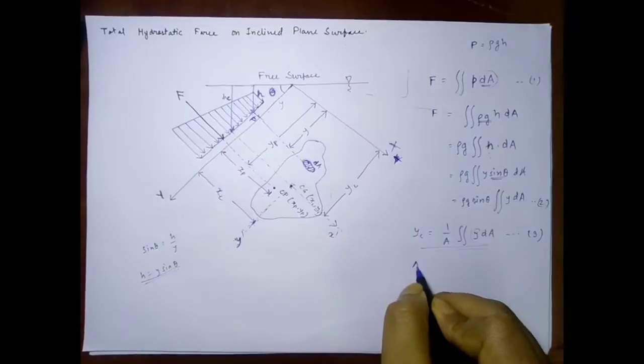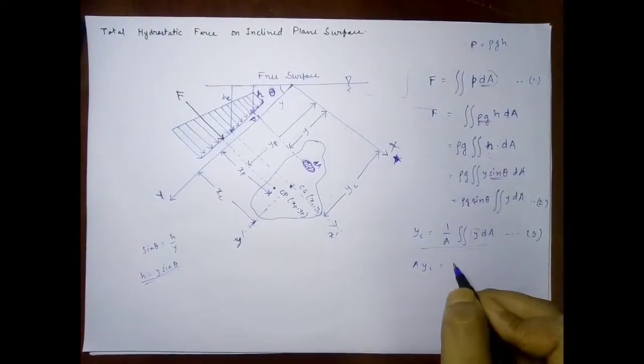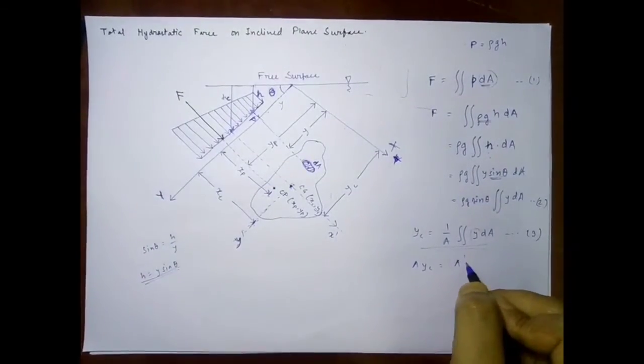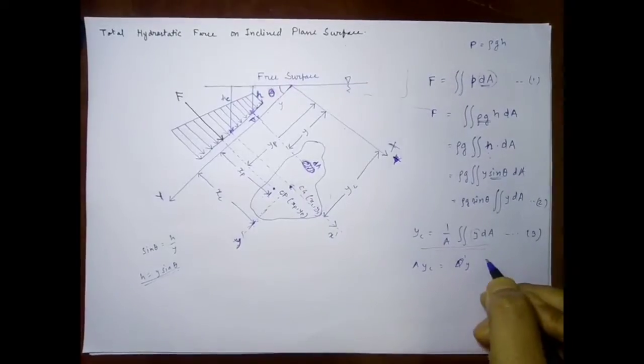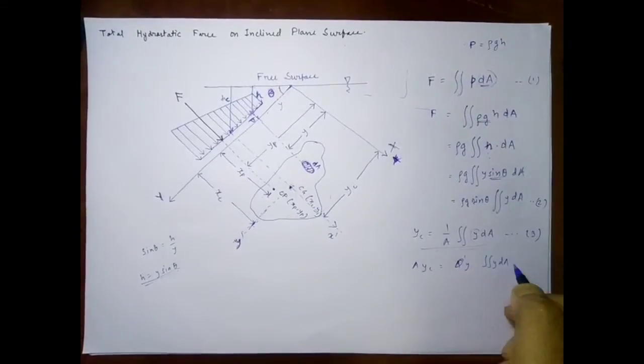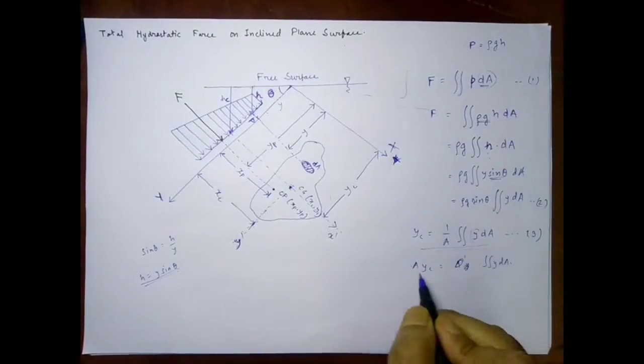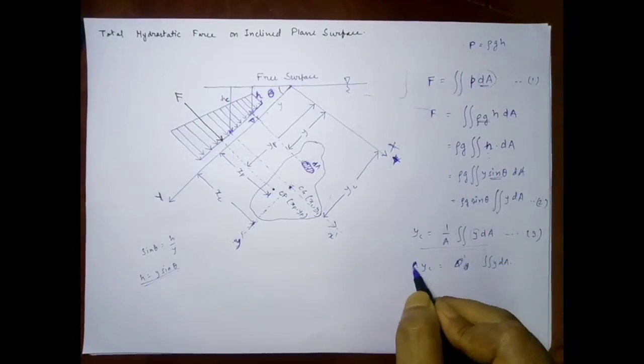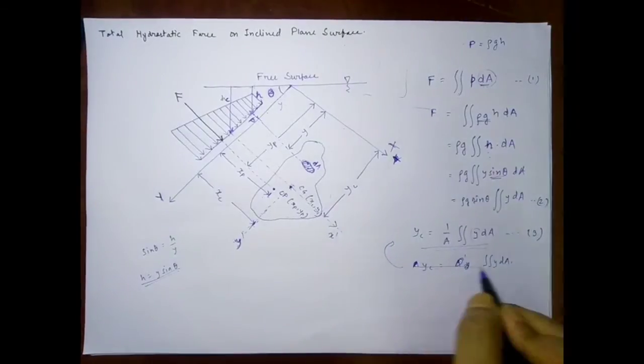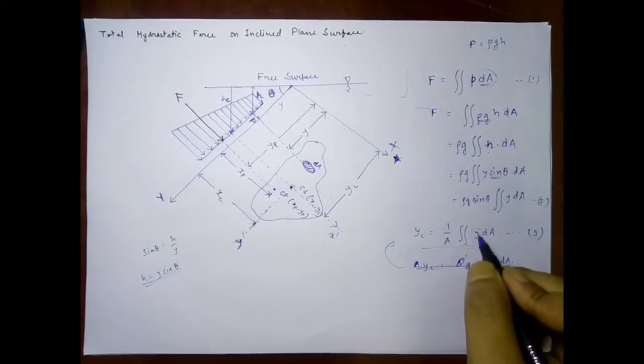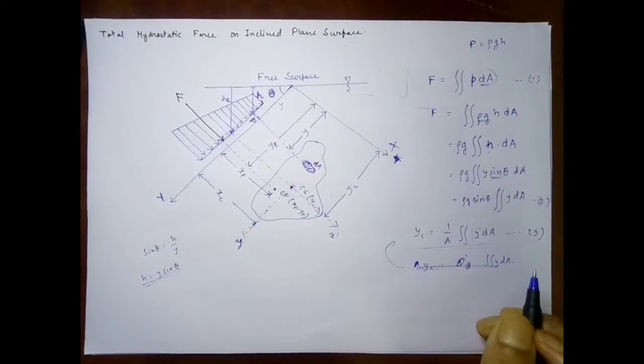It is basically, you can say that A·yc will be equal to this a dash y, and this a dash I am representing by y dA. Okay, and so basically it is equal to yc, and therefore yc is again equal to 1 by A times the double integral of y dA.